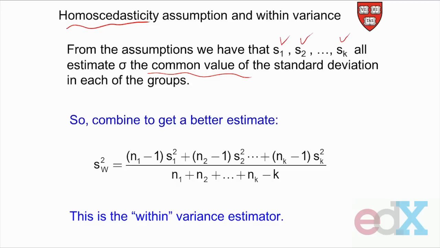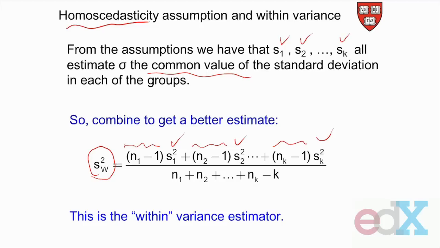So why don't we just combine them together and form what we call the within estimate of the overall variance. It's just looking within each one of these k samples, giving an estimate of the variance. And then I'll combine them, but I'll do a weighted one, because if some n's are small and some n's are large, I want to give more weight to the large ones than to the smaller ones.